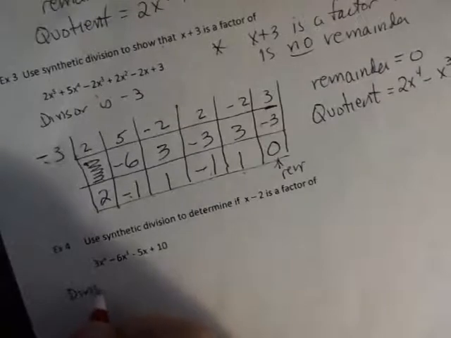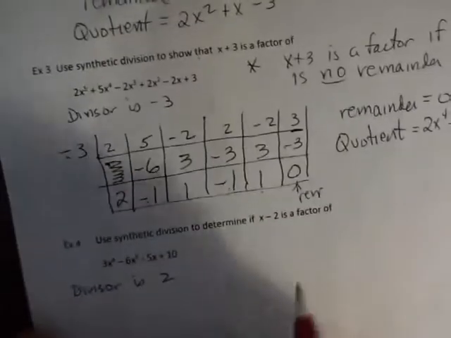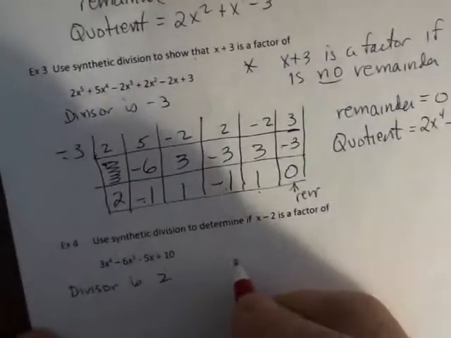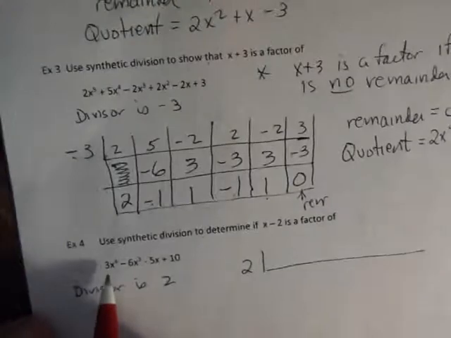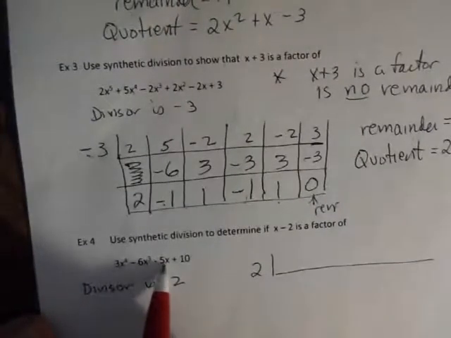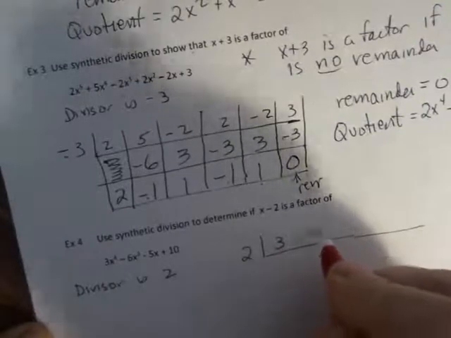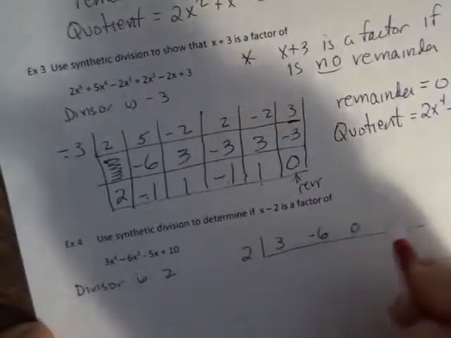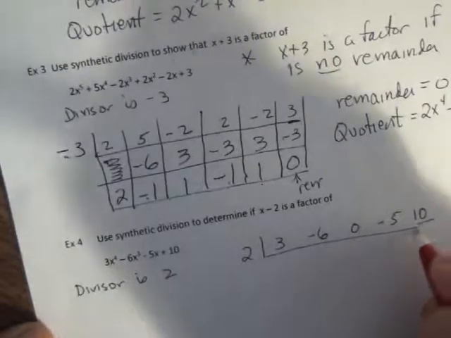So my divisor is 2. Always do the opposite sign. And in this list, I am missing an x squared. So I put down the 3, negative 6, 0x squared, minus 5, and then 10.